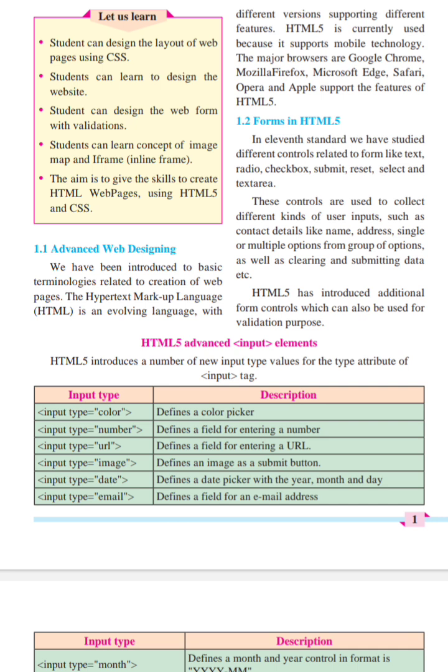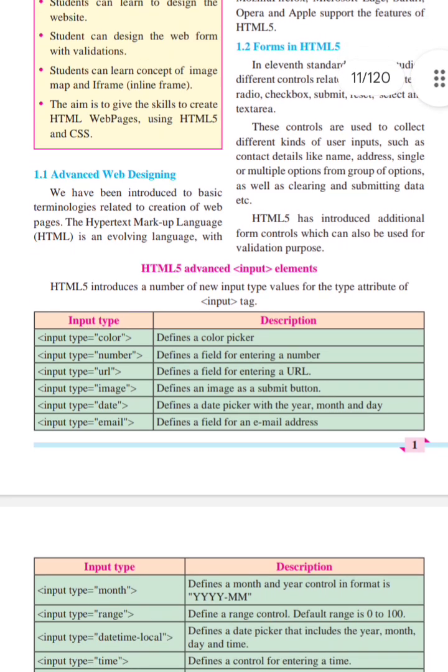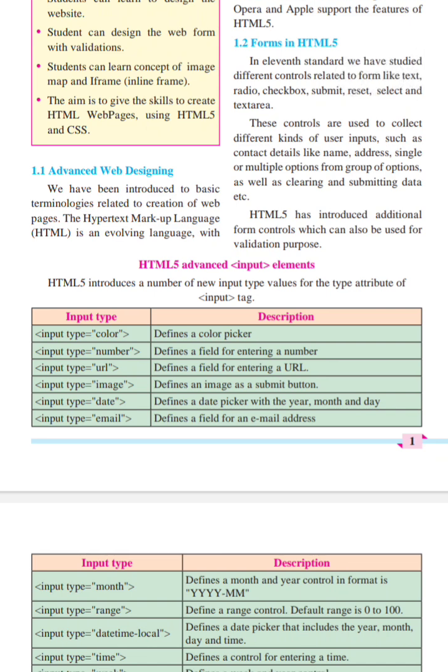These controls are used to collect different kinds of user inputs such as contact details like name, address, single or multiple options from a group of options as well as clearing and submitting data etc. HTML5 has introduced additional form controls which can also be used for validation purpose. Some of them are listed below.